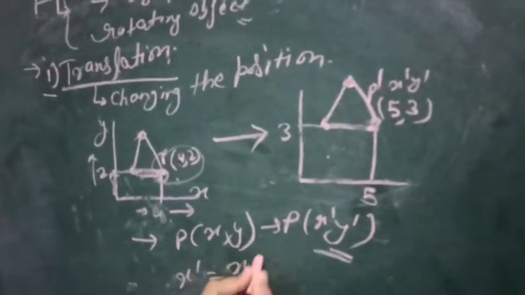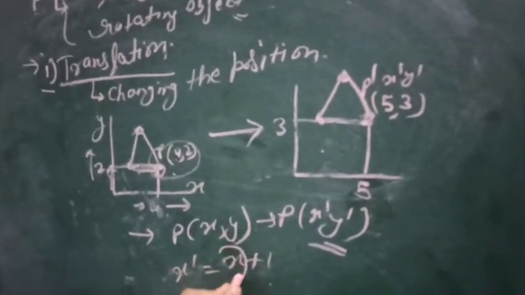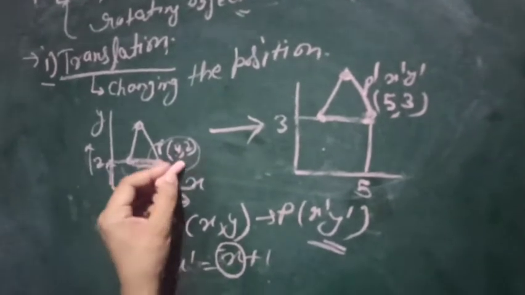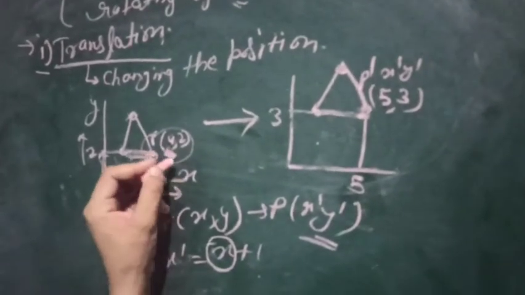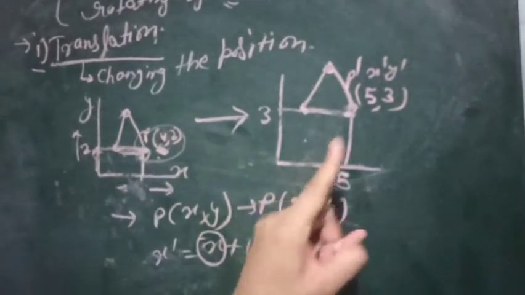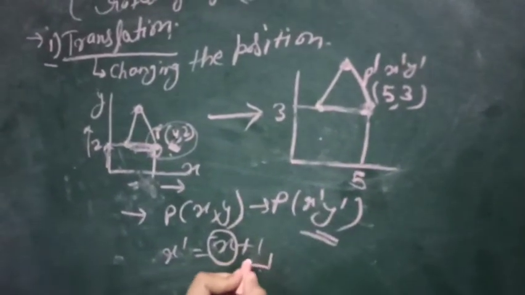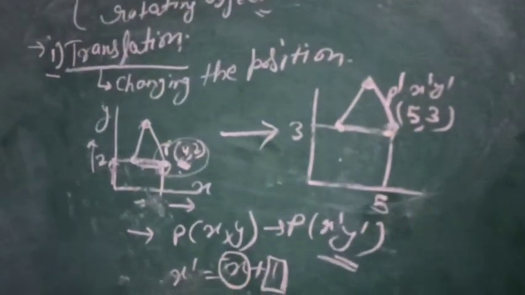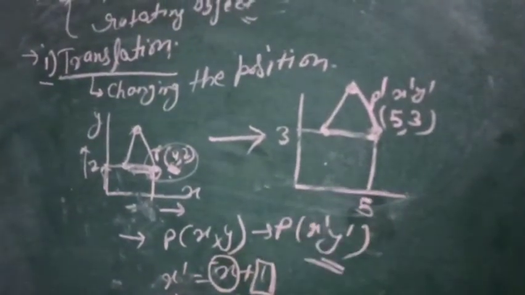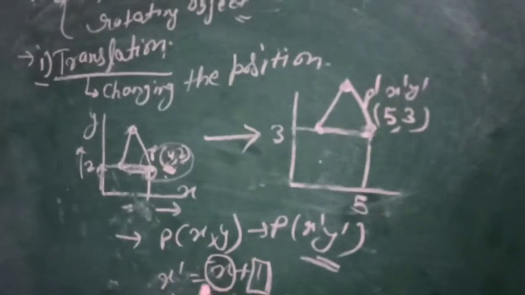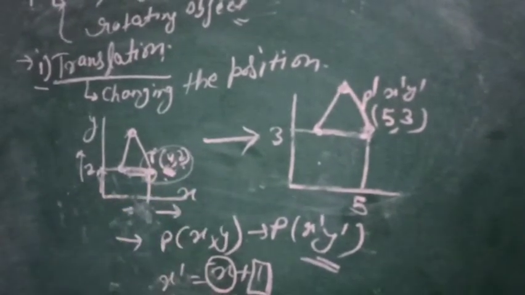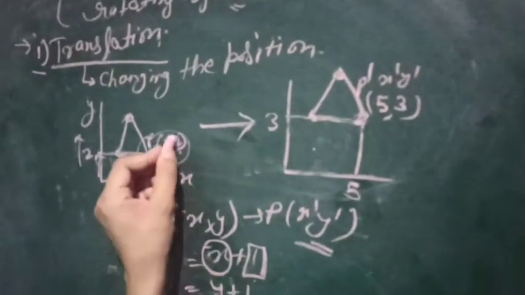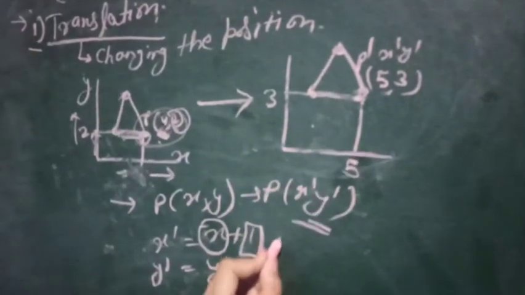We have changed the value of the x coordinate from 4 to 5, or we can say that we have incremented x by 1. In the same way, we have changed the position of y dash, y plus 1, or from 2 to 3.